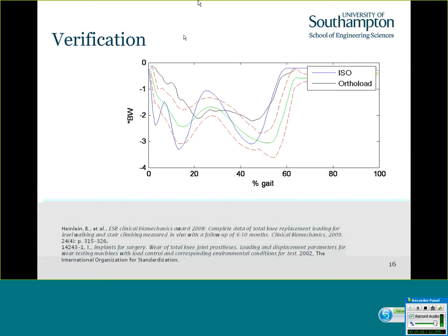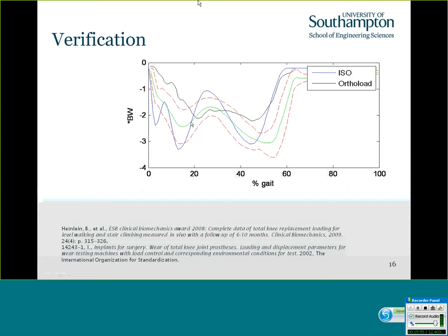However, if we take data from an in vivo data set, this is a paper by Heinlein et al. using a telemetrized knee arthroplasty, which basically measures the forces in vivo, so actually within the knee while someone's walking. They found that there's around 2 times body weight going through the knee. So slightly less, around 1 body weight less than what our AnyBody models are predicting.